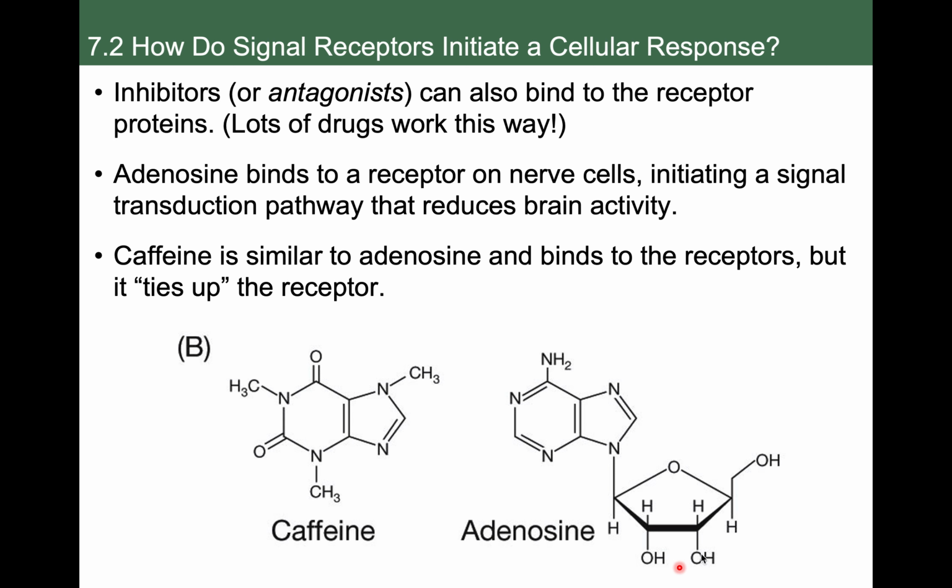So in your normal situation, adenosine binds to these receptors on nerve cells, and it then initiates a signal transduction pathway, and the end result is going to be to reduce brain activity. It's basically your brain's way of telling you, hey, you're tired, right? It's the end of the day. You need to start shutting things down and go to sleep.